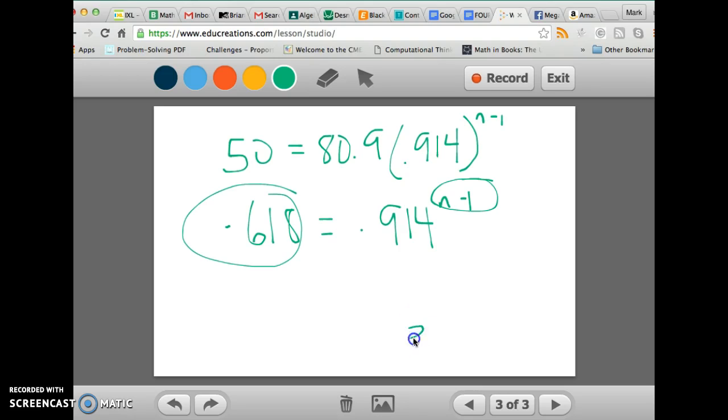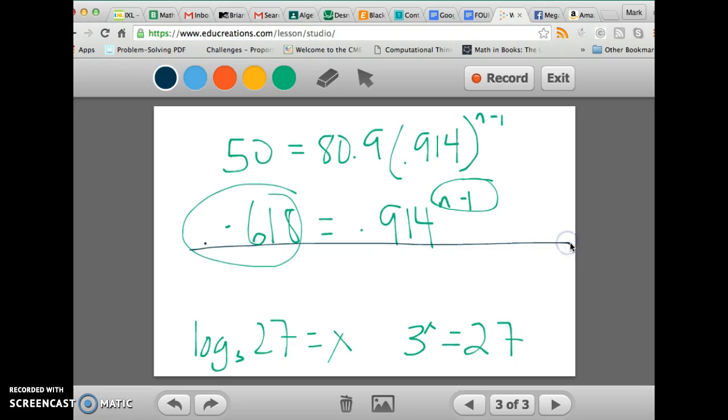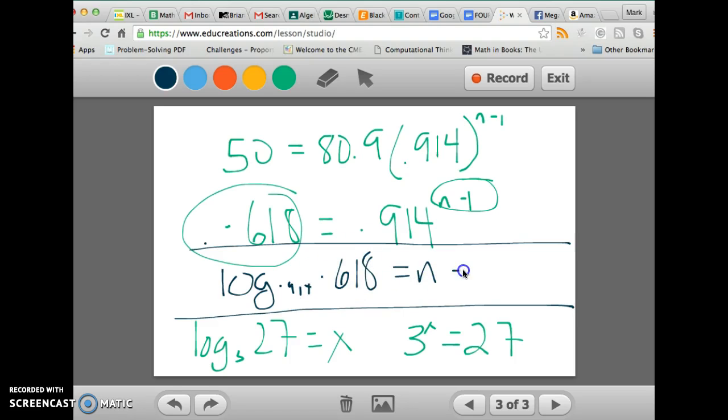If I have 3 to the x equals 27, then I could say log base 3 of 27 equals x. So here I can say log base 0.914 of 0.618 equals n minus 1.